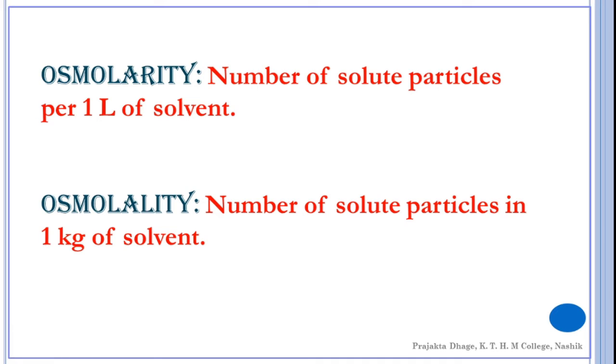Osmolality is a function only of the number of particles, and is not related to their molecular weight, size, shape or charge. So, the term osmolality refers to the number of particles of a solute per kilogram of solvent, as I have already mentioned.